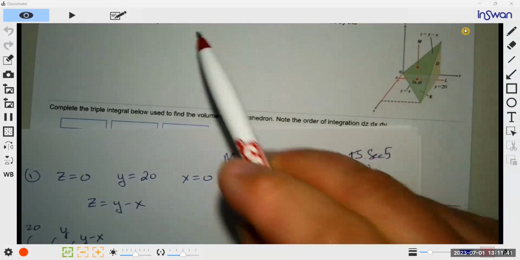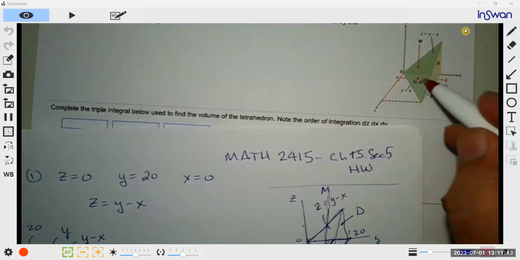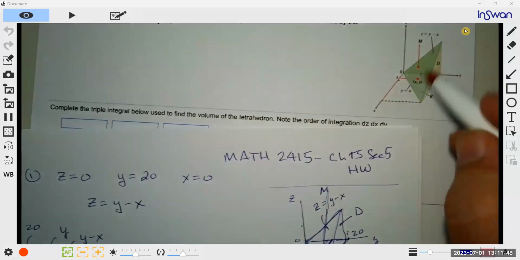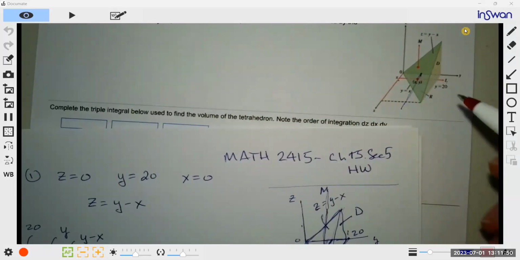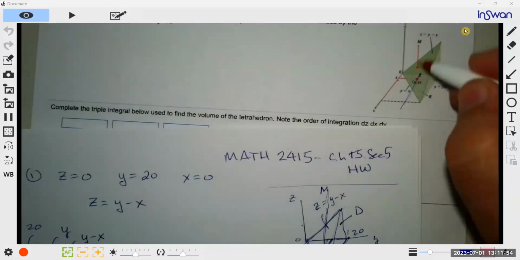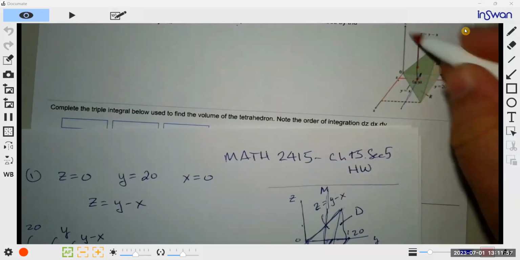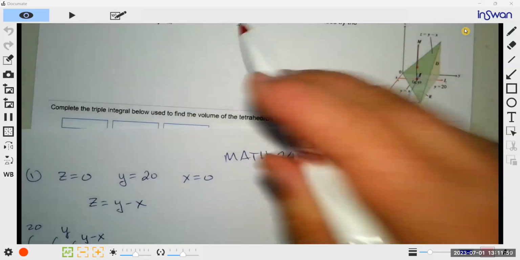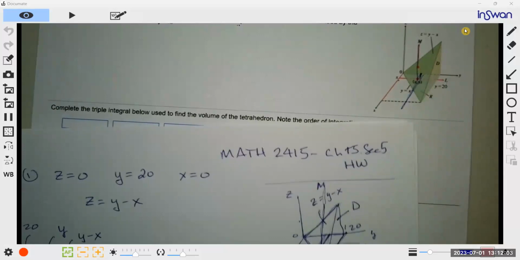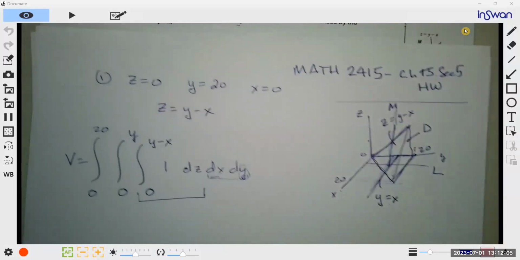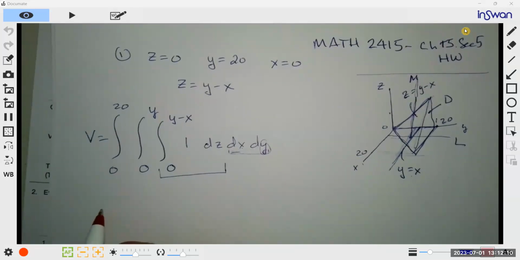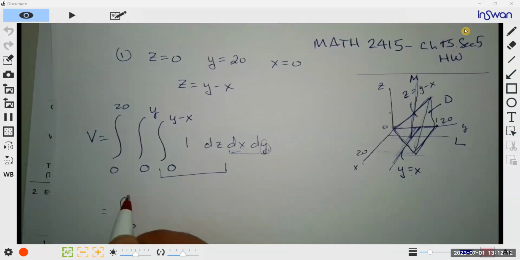Since dx is our middle integration term, it's got to be parallel to our x-axis. As in the first one, dz, our M has to be parallel to our z-axis. Dx has to be parallel with our x-axis, so it starts at 0, ends at that. I don't know why they put the L that way. So let's begin.